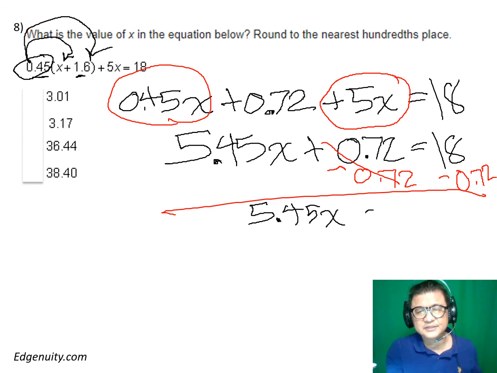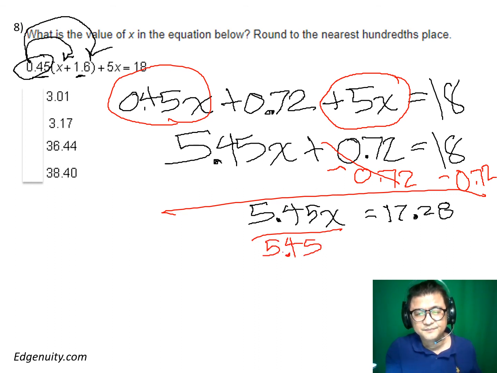5.45x is equal to, get your calculator, 18 minus 0.72 is 17.28. Okay? How can x be alone? Divide by 5.45, divide by 5.45. That cancels out.